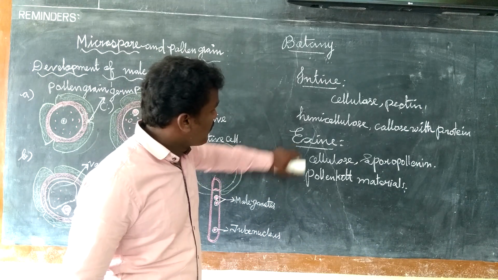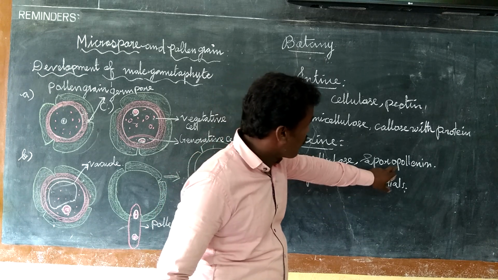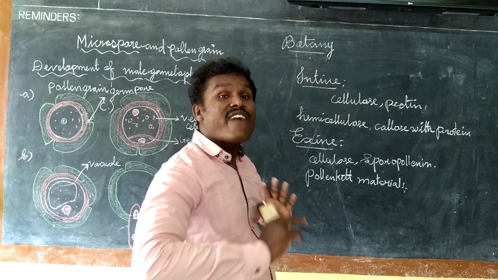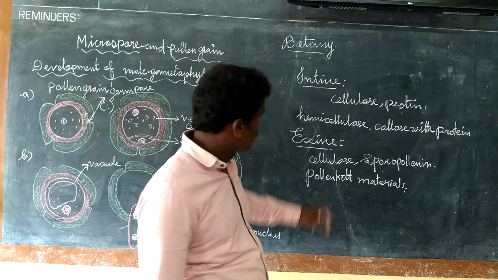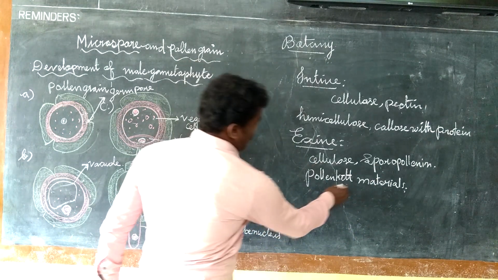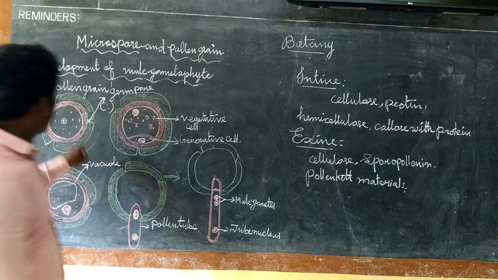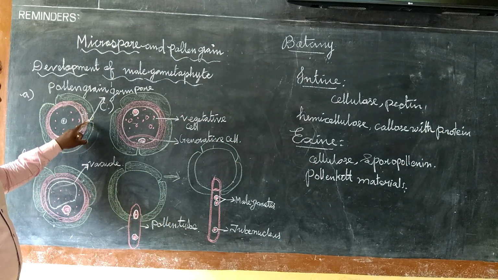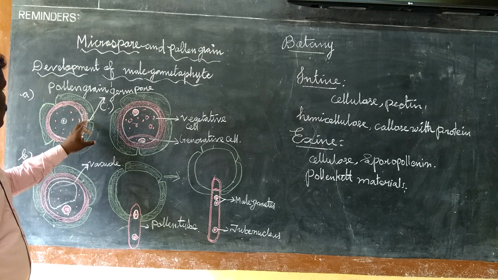This is regarding the exine layer: cellulose, sporopollenin and pollen kitt material. What is sporopollenin? It is a fatty acid, a chemical substance. We will discuss what sporopollenin and pollen kitt are somewhat later. So exine is not continuous over the pollen grain. A gap left there is called a germ pore, which helps for the germination of the pollen tube.